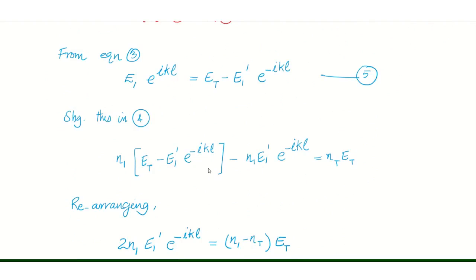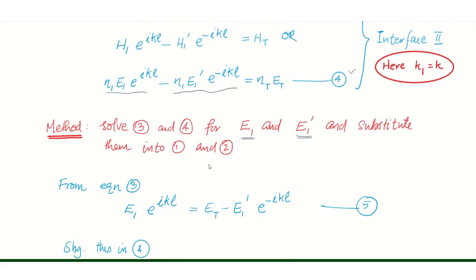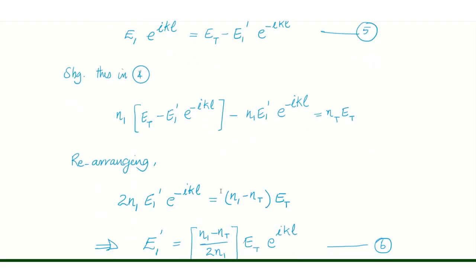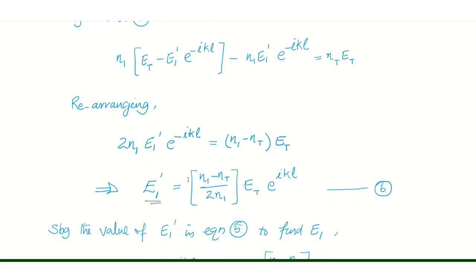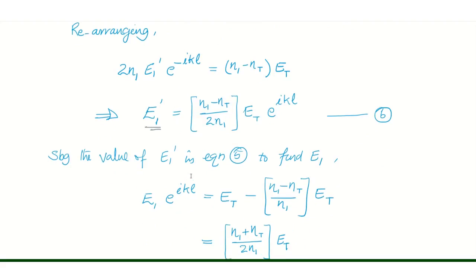You substitute for E1 e to the power ikL here, and substitute for this one and this one. You get to this one, and after a few rearrangements you get an expression for E1 prime. E1 prime is (n1 minus nt) divided by 2n1, times ET e to the power of something. You have to do it yourself or just refer to my notes.